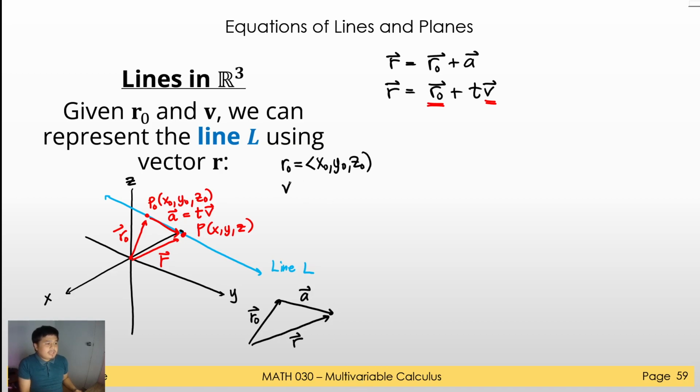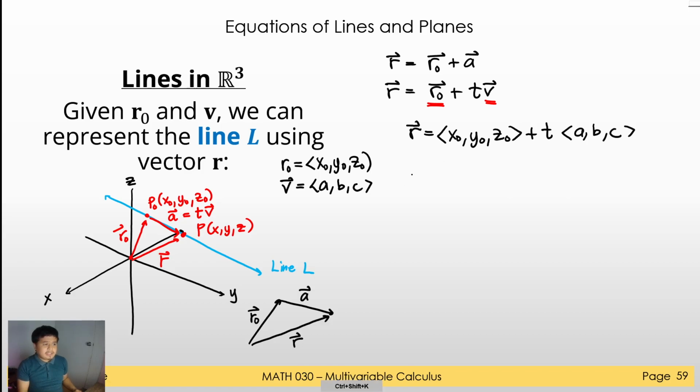And then for V, for now, we can call its elements a, b, and c. Therefore, we have R is equal to x sub 0, y sub 0, z sub 0, plus t times a, b, c.